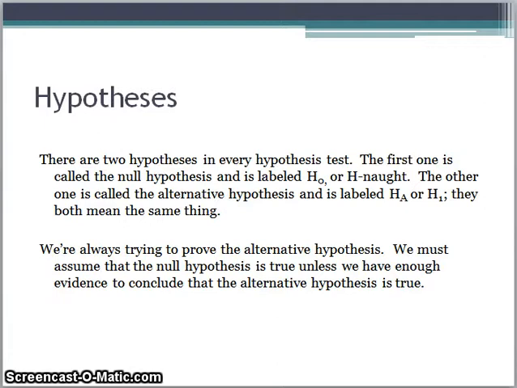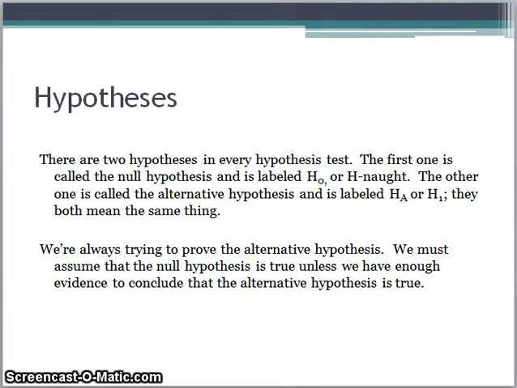In every hypothesis test, there are two hypotheses. The first one is called the null hypothesis. It's null as in nothing, as in no information. It's also called H0. So the null hypothesis is the hypothesis of no information.